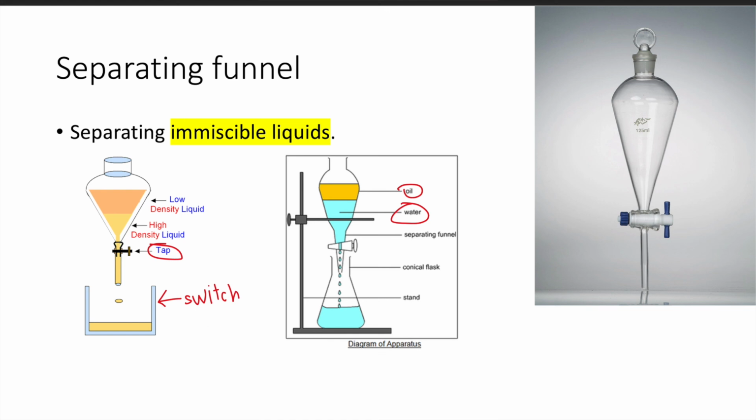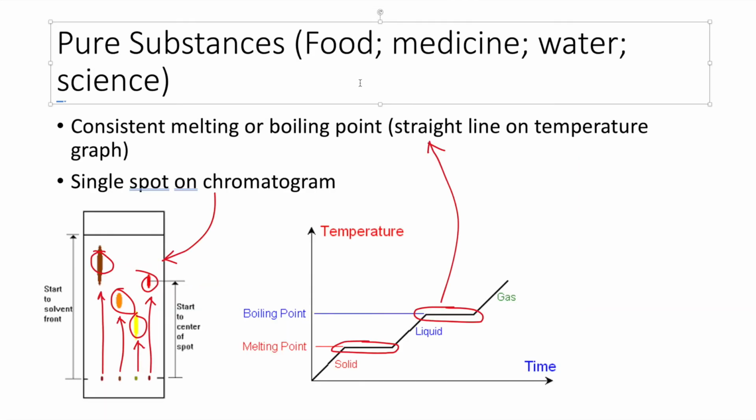Remember that we need to anticipate some little form of wastage when we do separation and purification techniques. Once you are sure that you can collect the next sample on its own, you can release it into another container. As mentioned earlier, pure substances have one spot on chromatograms and fixed melting points and boiling points.